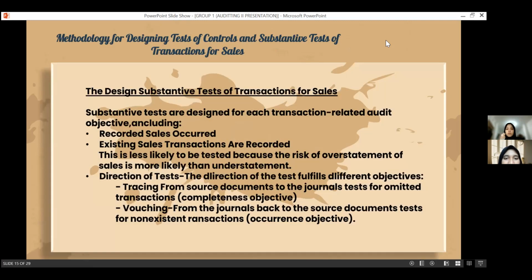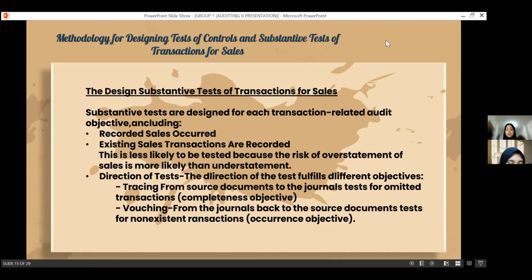Design substantive tests of transaction for sales. Substantive tests are designed for each transaction-related audit objective. The first, recorded sales occur. There are 3 types of possible misstatement. The first, sales included in the journal for which no shipment was made. The second, sales recorded more than once.